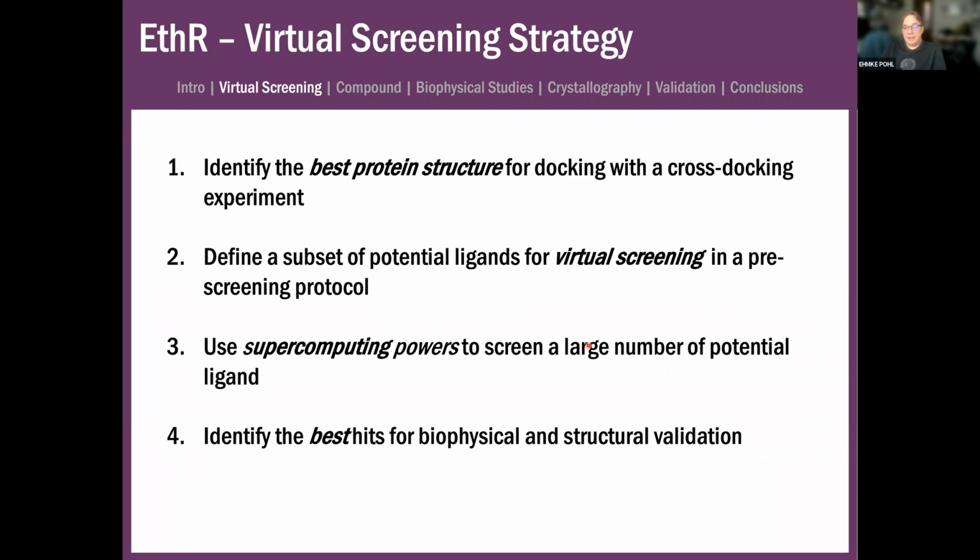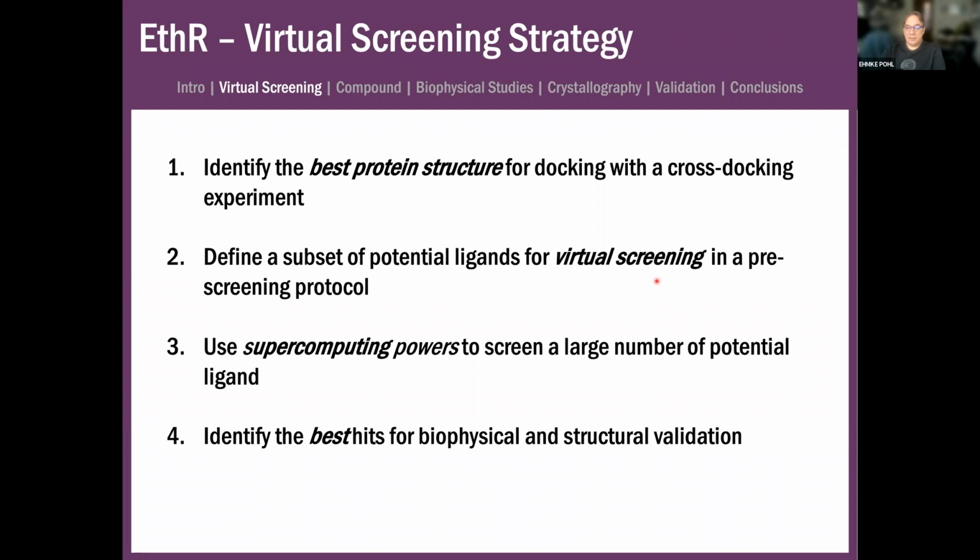I'm going to explain this in silico cross-docking experiment in a moment. If you think about the computational time, you really reduce it by more than 1 order of magnitude by choosing the best protein structure and not choosing all 12 protein structures. And at the same time, if all the protein structures are similarly successful for docking, you don't want to waste your time docking again and again against the same crystal structure.